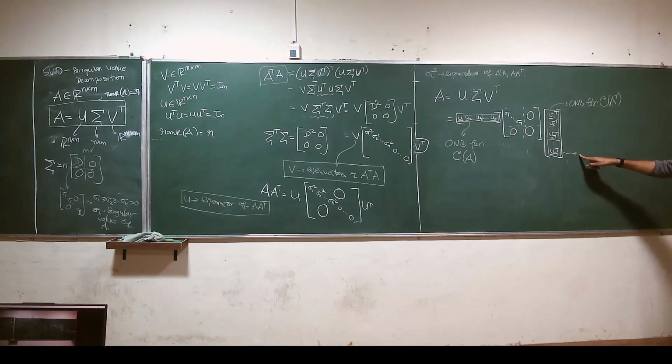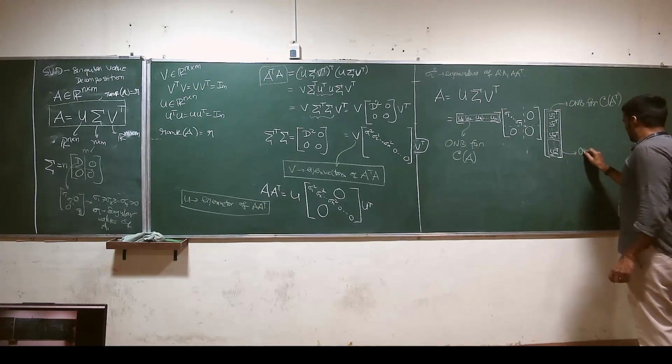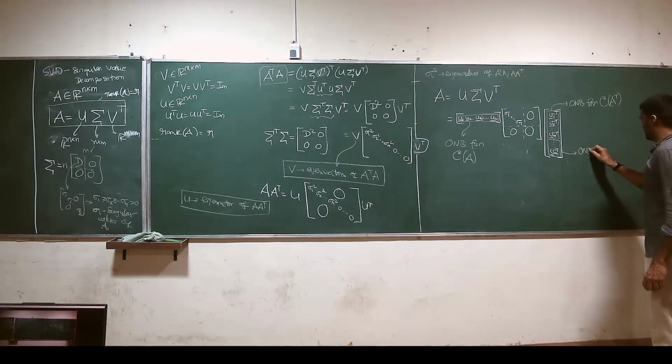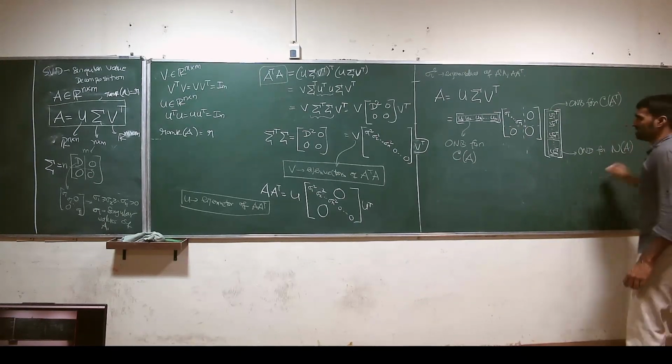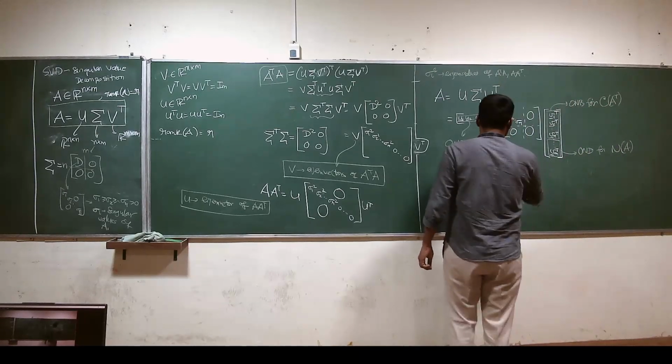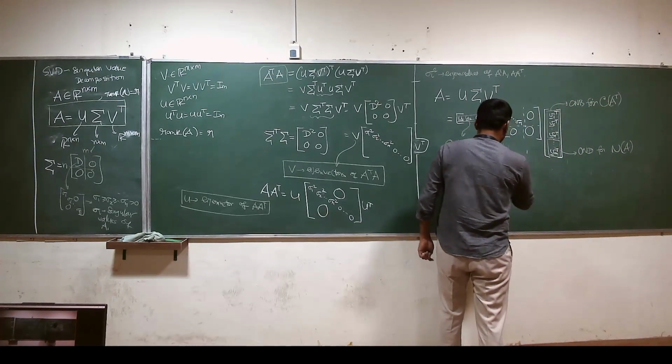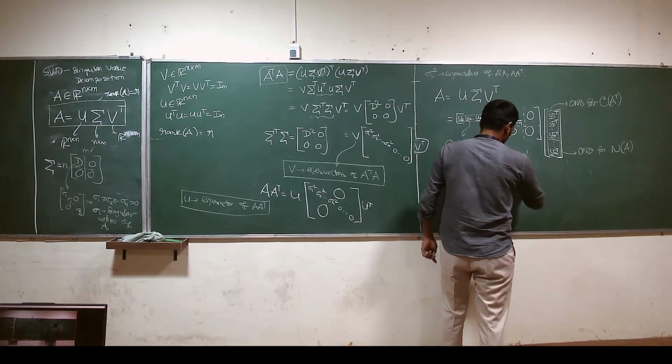What is this a basis for? Or what do you think this will be a basis for? Yes. So it turns out this is an orthonormal basis for the null space of A, and this simply is an orthonormal basis for the left null space.